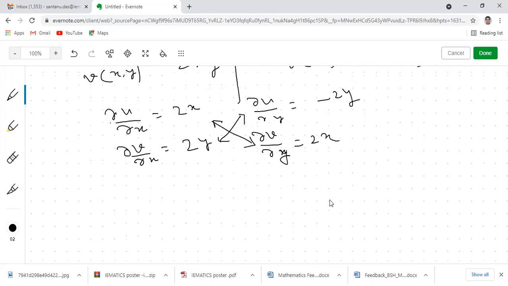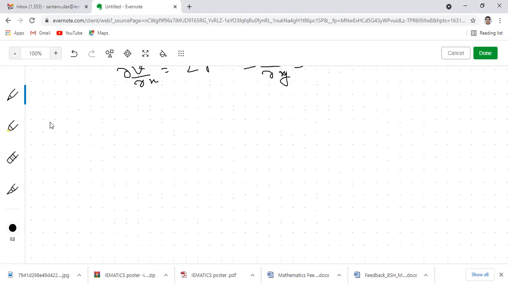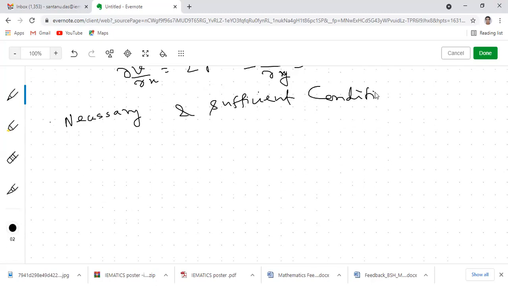Then we'll be studying the necessary and sufficient condition for a function to be analytic.